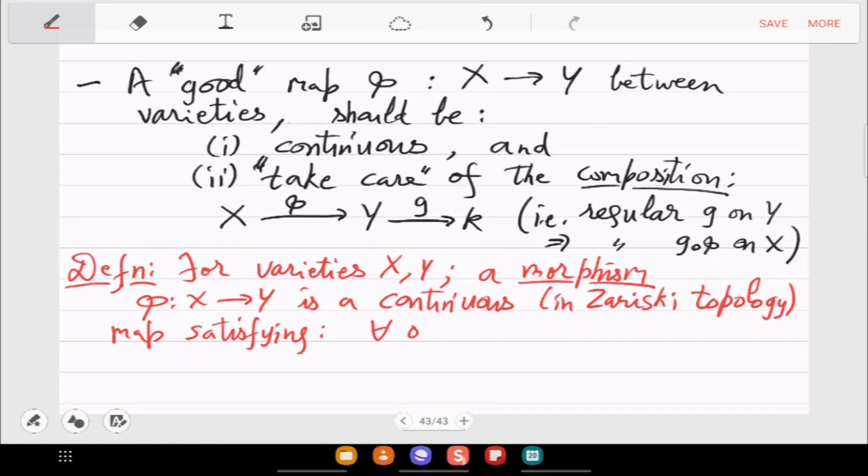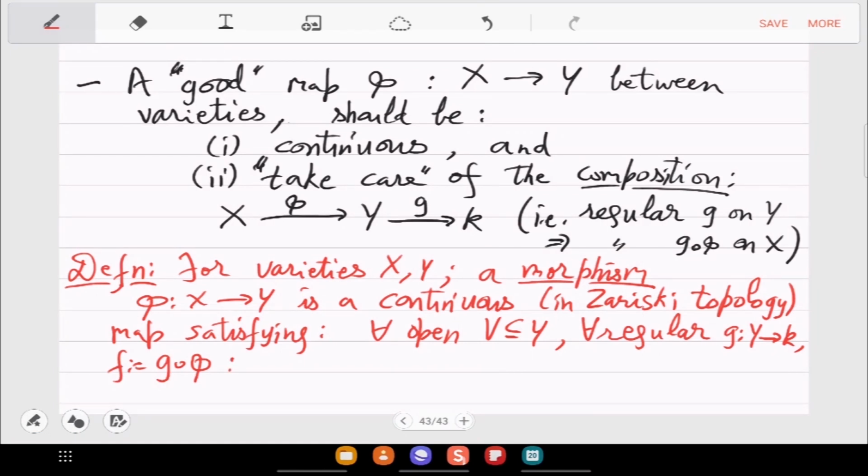So for all open sets V of y, for all regular functions G from y to k, G composed with phi, which we call map F, is such that G is regular on the whole of y, which means that it's also regular on V, and the pre-image of V is an open set.